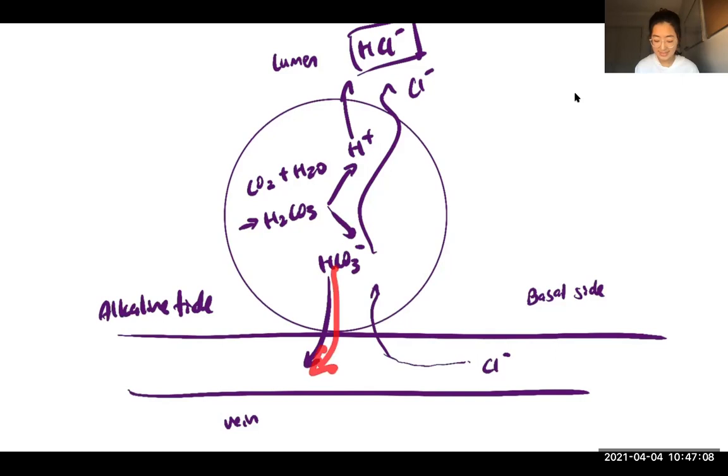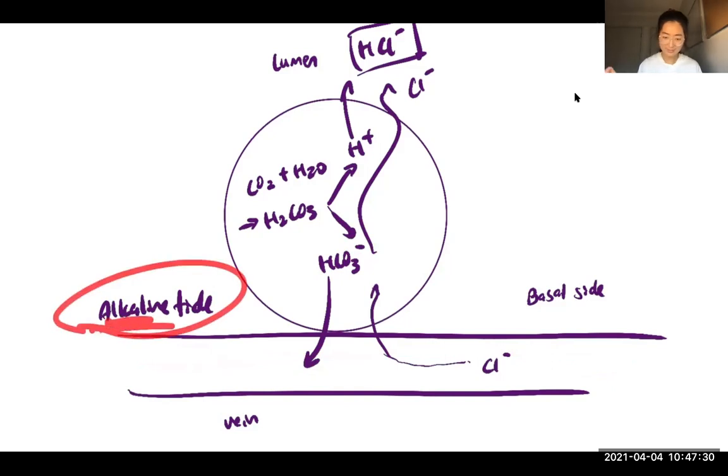And because this is negatively charged, it's going to make the blood more alkaline and increase the pH. So it's important to know that the blood leaving the stomach is going to be more alkaline, or have a higher pH, in comparison to the blood entering the stomach area. That's why it's called alkaline tide: the blood leaving the stomach is more alkaline. Hopefully that makes sense.